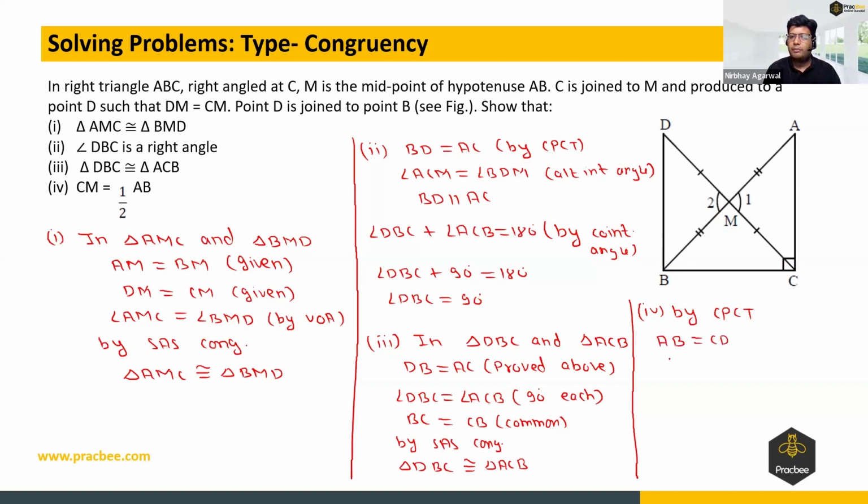So when you halve both sides, half of AB equal to half of CD. Half of AB we will write as it is, and half of CD is CM. So we got CM equal to half of AB.